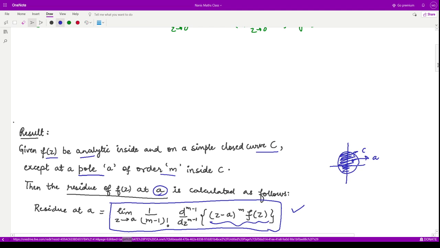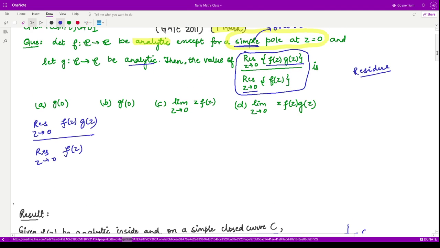So let us do the same for the present case. We are to calculate the residue at z going to 0 of f(z) into g(z), divided by the residue when z goes to 0 of the function f(z), right? So this is what we need to calculate.